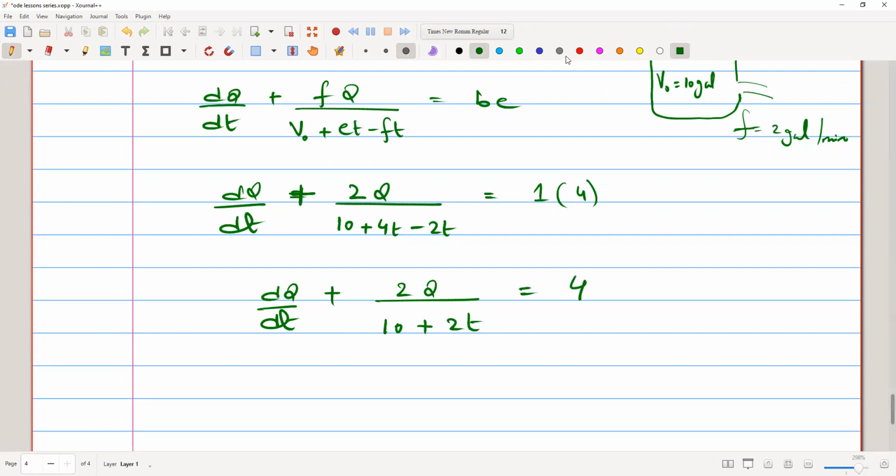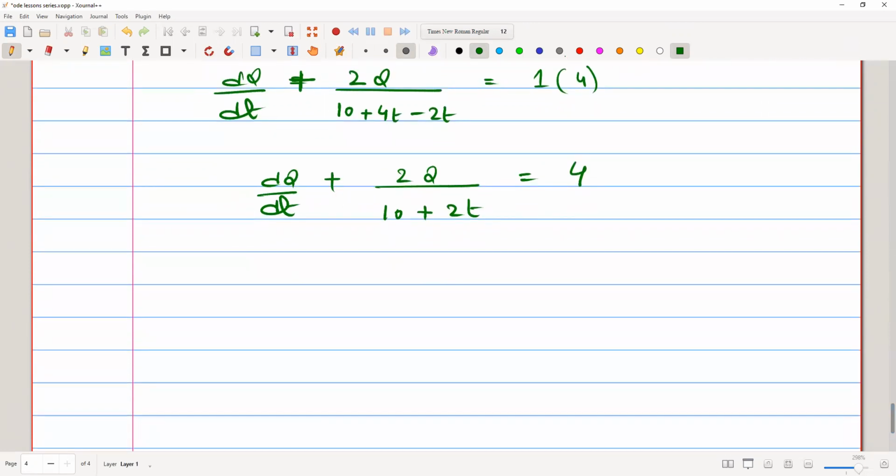equals 4. Now we can find the integrating factor simply by raising it to the exponential of the integral of 1 over t plus 5 dt, so it will be e to the power ln(t plus 5), that will be t plus 5.